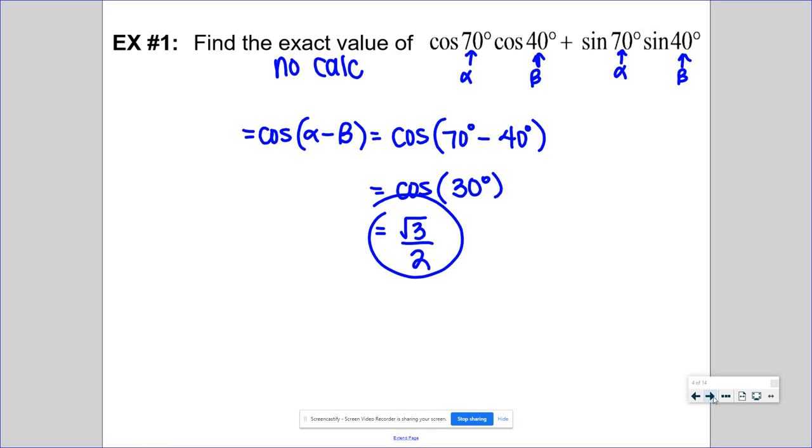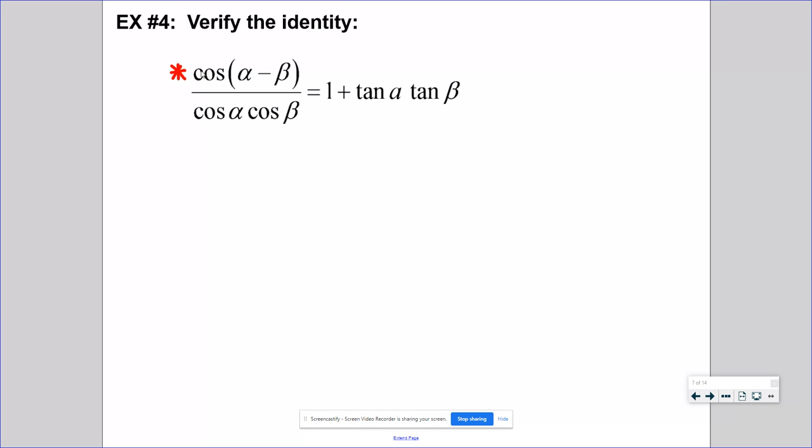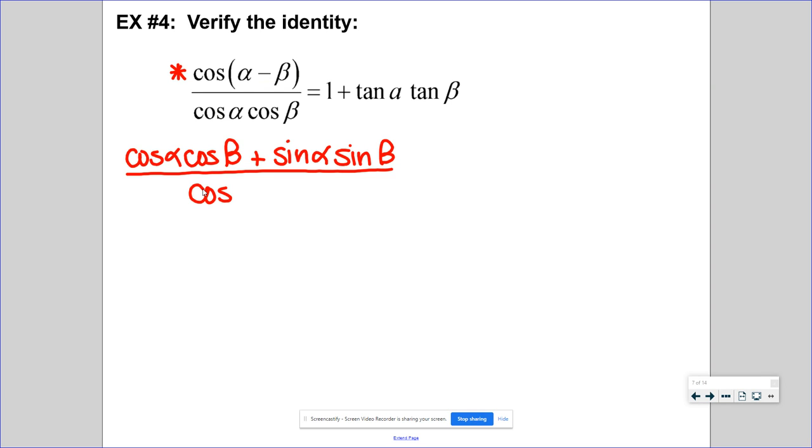We keep using the same one over and over again, but change the numerator of your fraction into the sum formula, which is cos of alpha, cos of beta, plus sine of alpha, sine of beta. If you wanted to, by the way, you could just change these to x and y or a and b if it's easier to write.